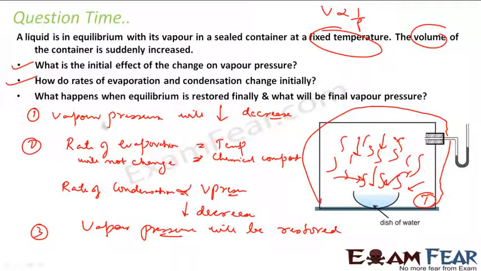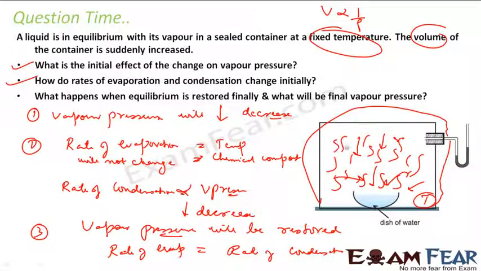And if you talk about the vapor pressure, the rate of evaporation and the rate of condensation at that time, you will see the rate of evaporation will be equal to the rate of condensation. So what will happen here? The moment you increase the volume, the vapor pressure will decrease, so the condensation rate will also decrease.